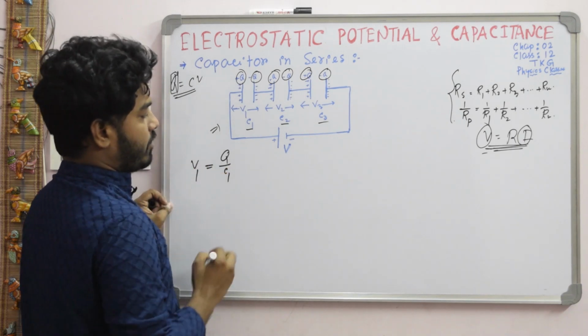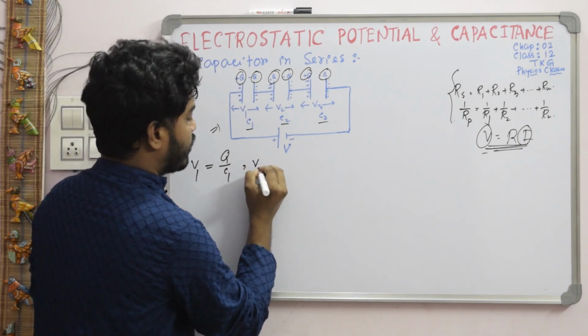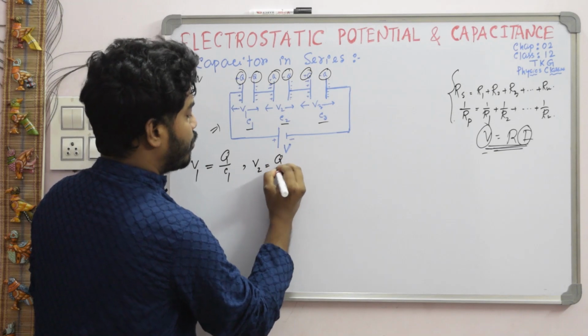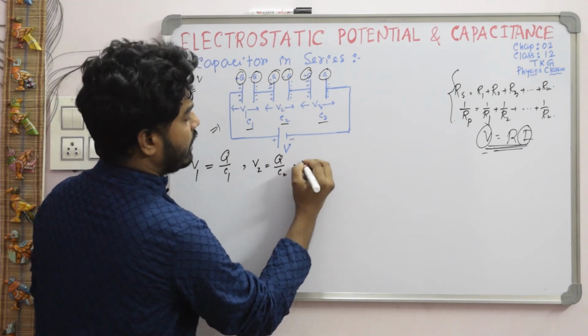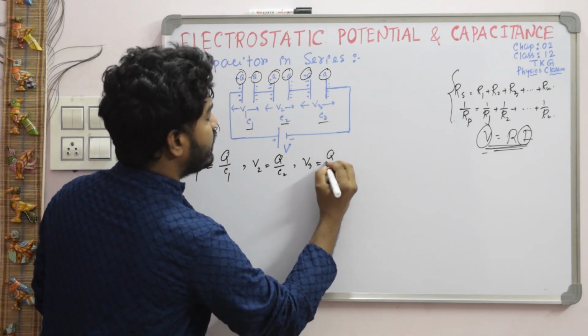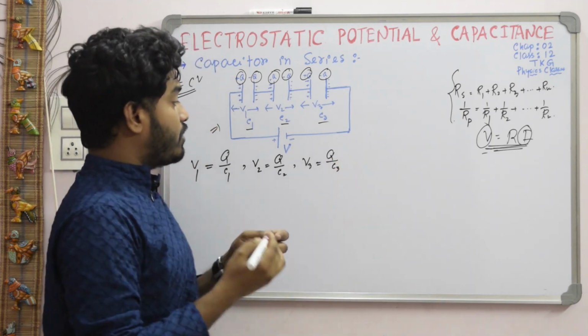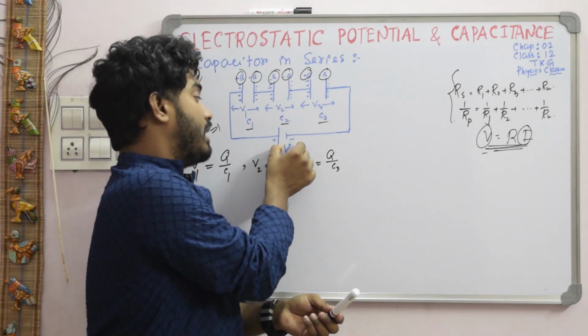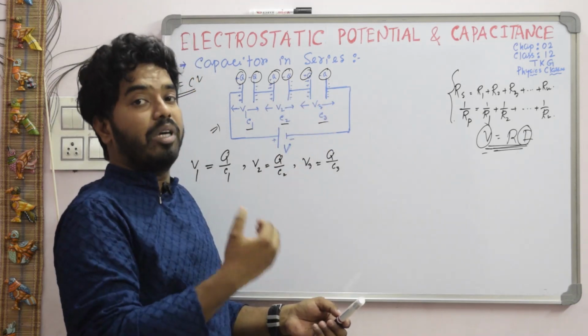The second capacitor potential is V2 is equal to Q by C2. Similarly V3, the potential for the third capacitor, is Q by C3. Here the total supplied potential V is divided into 3 parts, V1, V2 and V3.